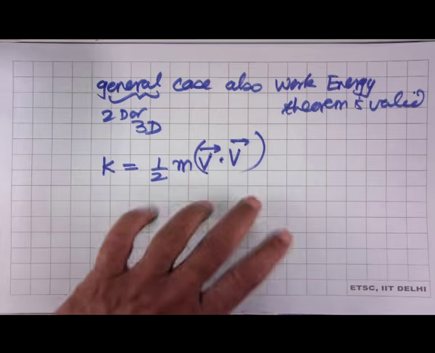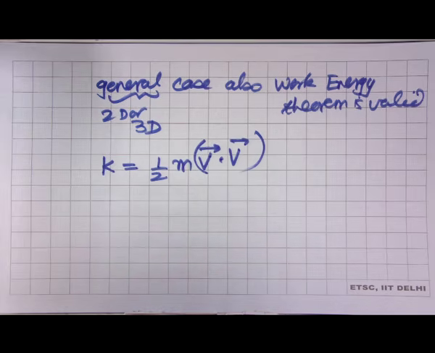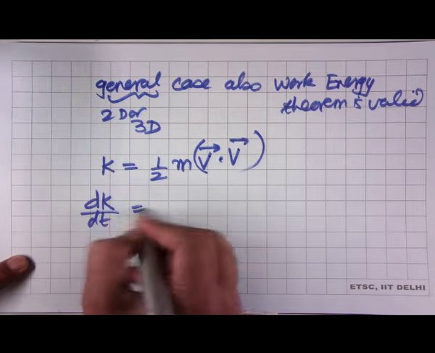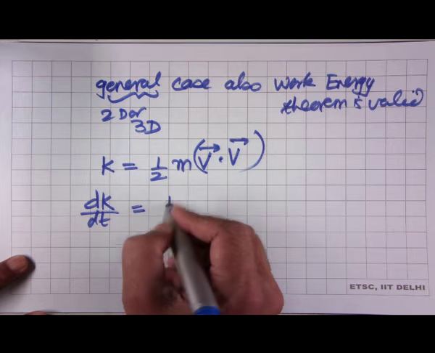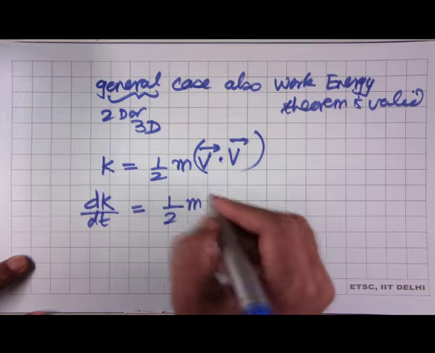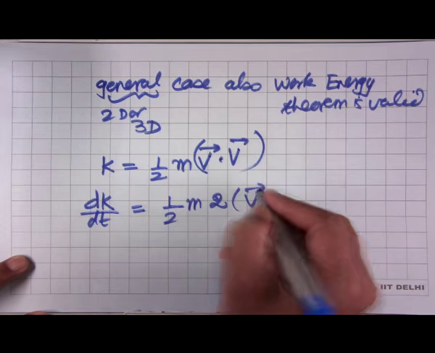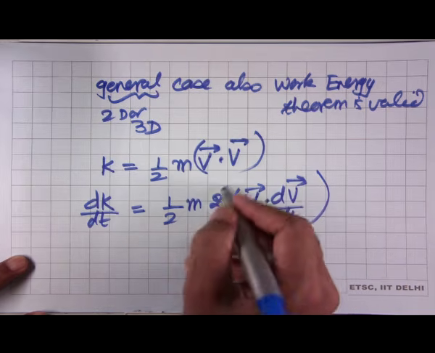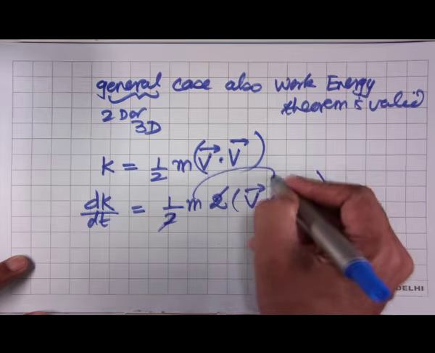Now, we use the velocity vector and write the kinetic energy in this form. When we take dK by dt, we get half m times 2 times v dotted with dv by dt, and then this 2 and this 2 will go away, and m can be taken with this.